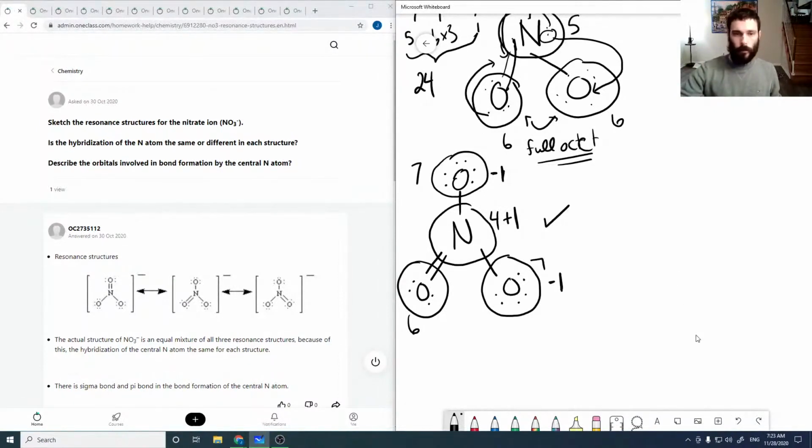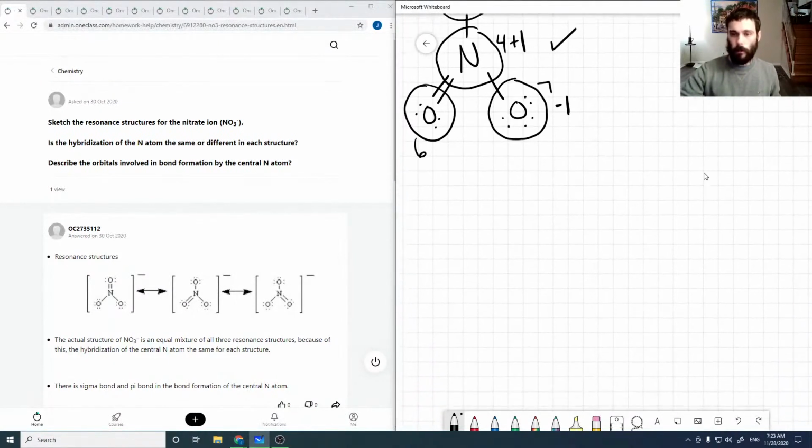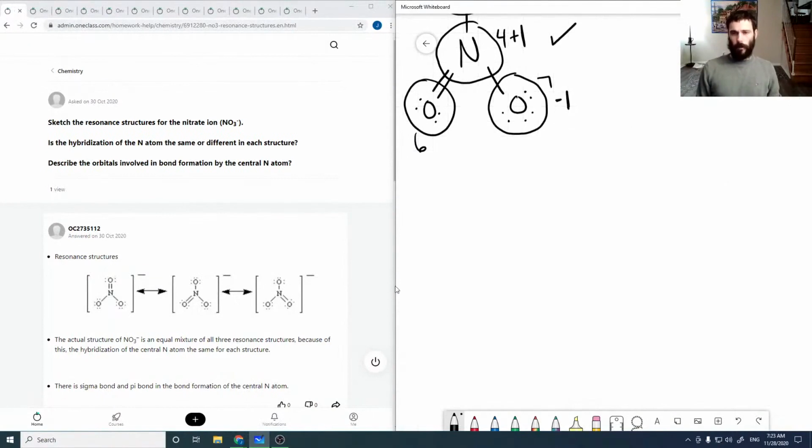Okay, so now we're going to sketch the resonance structures. So we've got our oxygen, nitrogen, oxygen, oxygen. Our resonance structures just come from the fact that we can move this double bond up and then form another double bond and have the structure still be viable.